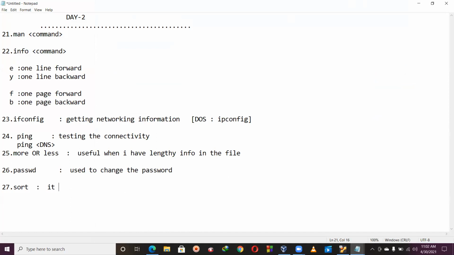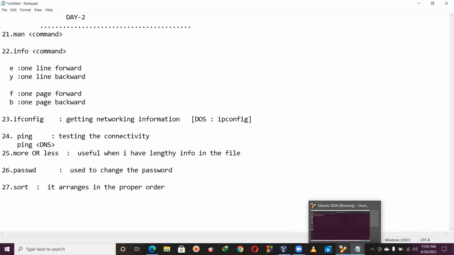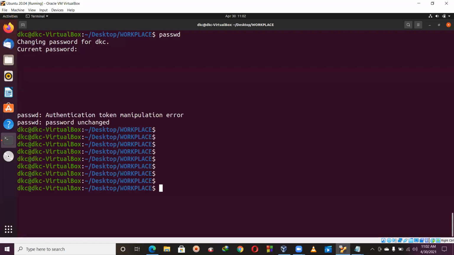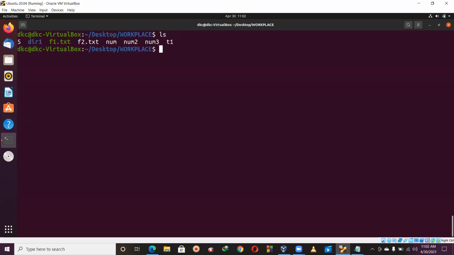So it arranges in the proper order. For example, suppose see here, I have already the file.